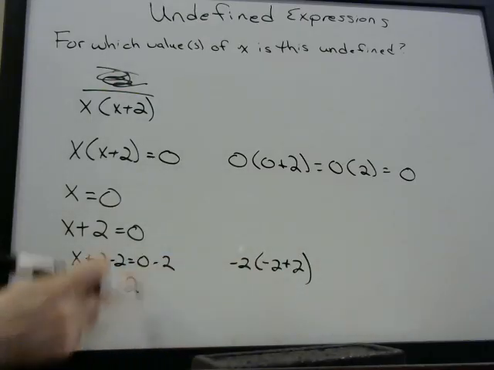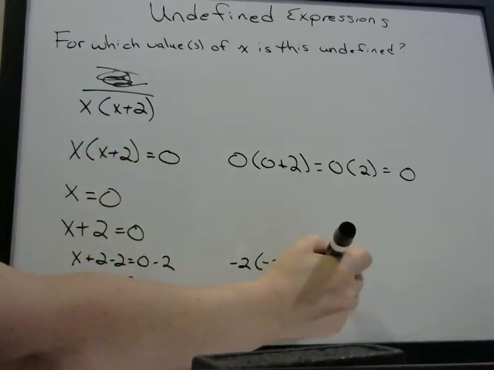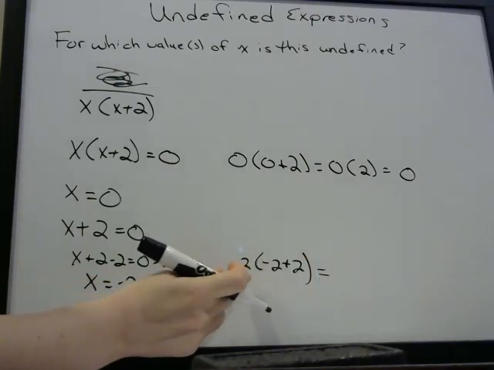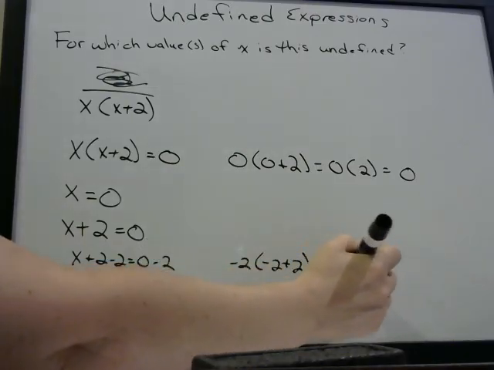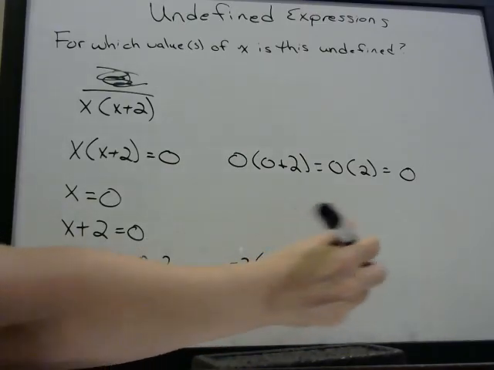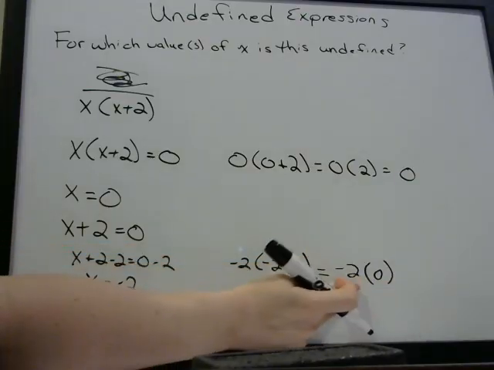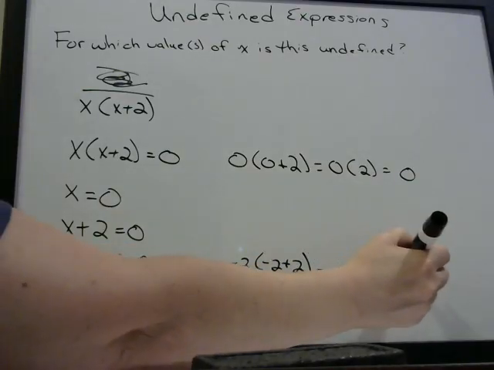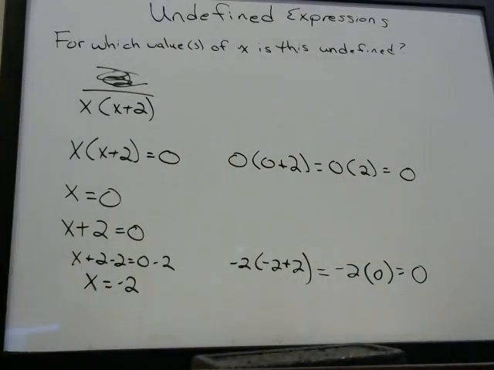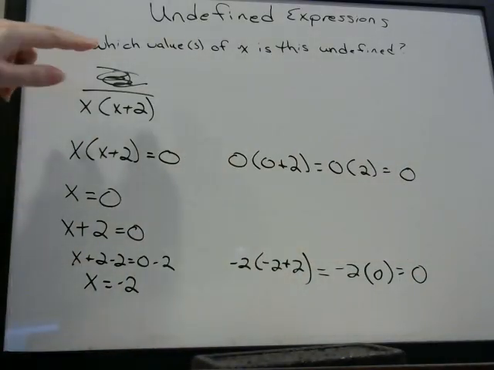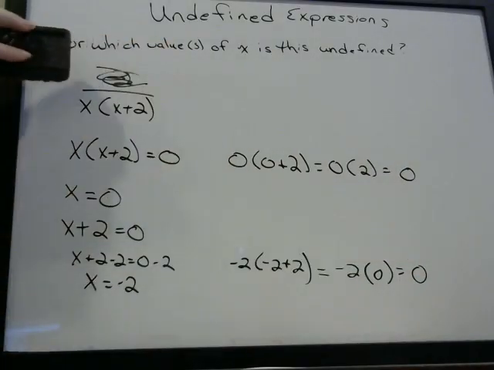Just plug in negative 2 into that expression. So we have negative 2. Negative 2 plus 2 is 0. Negative 2 times 0 is 0.